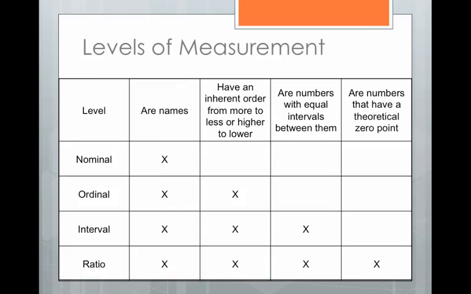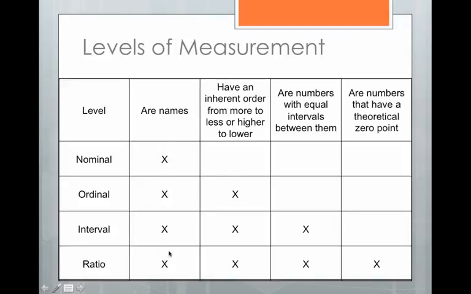If we're looking at the hierarchy of these variables, we can see what the differences are between these different levels of measurement. Along the left-hand side, you have our levels: nominal, ordinal, interval, and ratio. And then you have the characteristics. Are the categories names? Well, yes, they all have names, even if they're numbers.